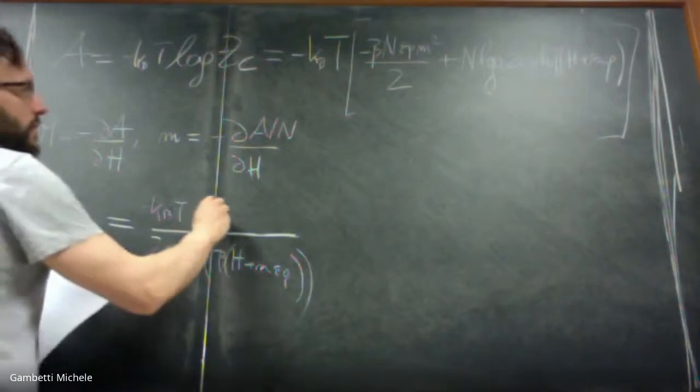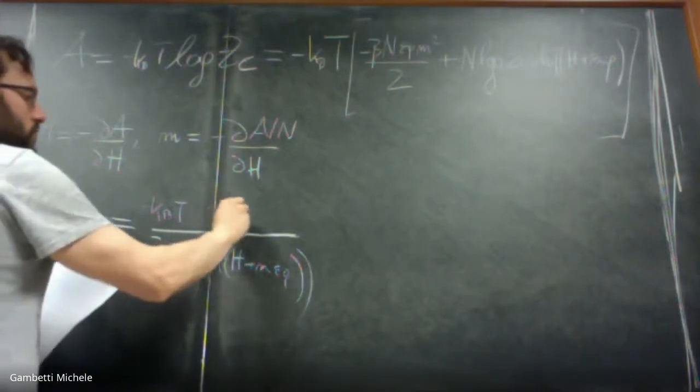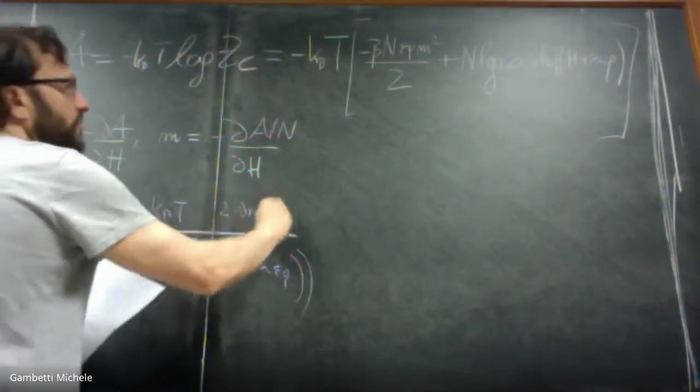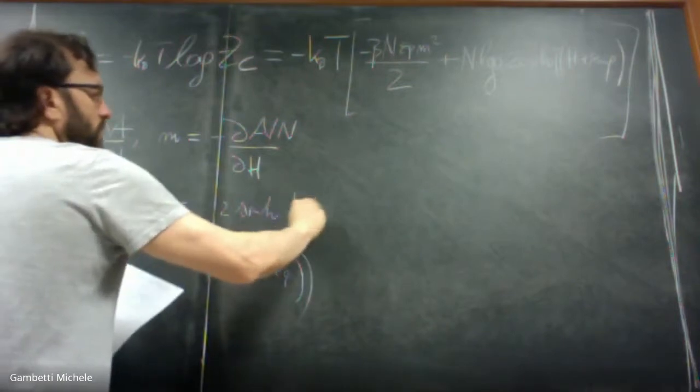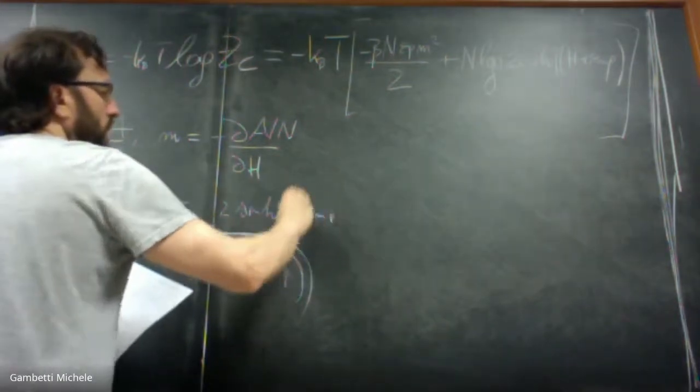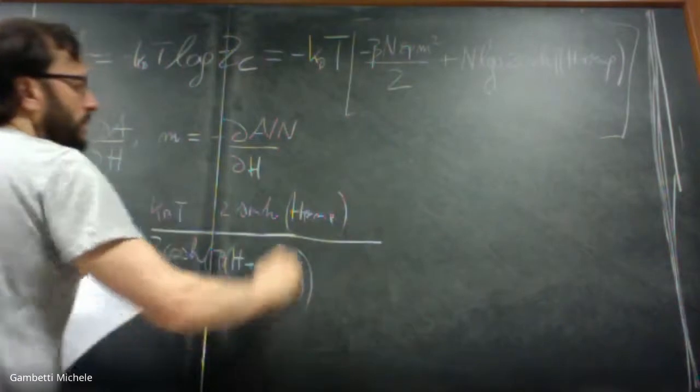And what I have there is 2 sinh of beta, h plus epsilon q m, times epsilon q.